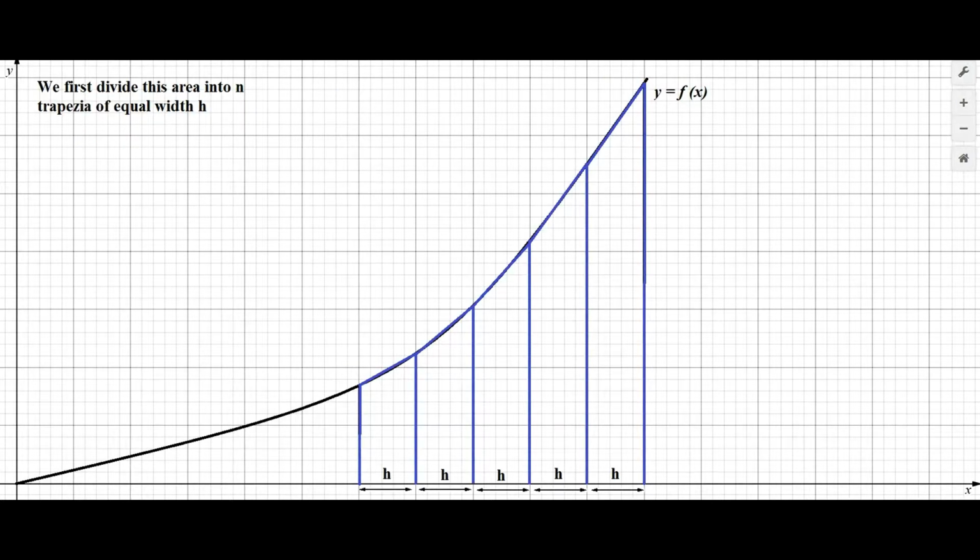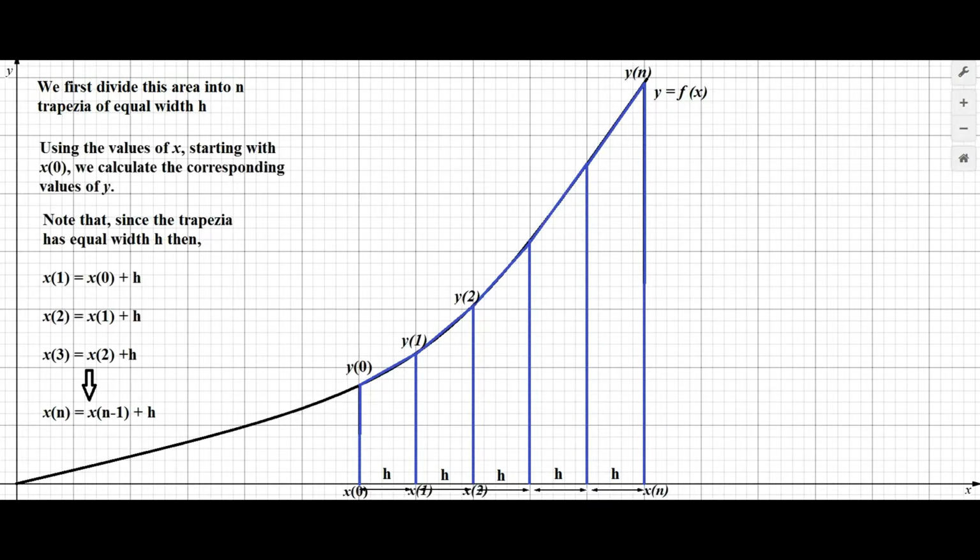Now, the idea with the trapezium rule is we first divide this area into n trapezia of equal width h. Note that the widths of each trapezium are equal. And we use the values of x.